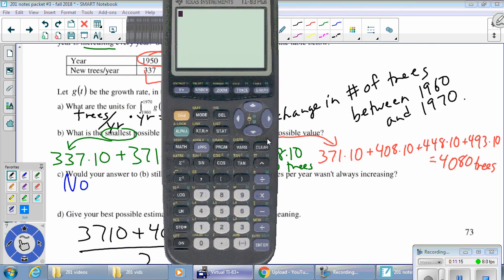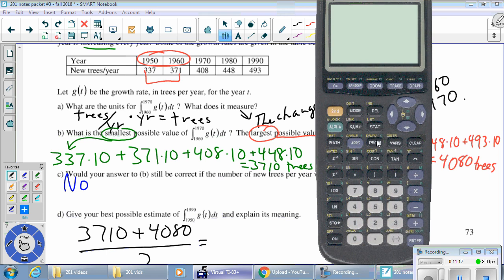So let's do this calculation here. So we got 337 times 10 plus 371 times 10 plus 4080 plus 4480. Do I have that right? 4480. Yeah, that looks good.